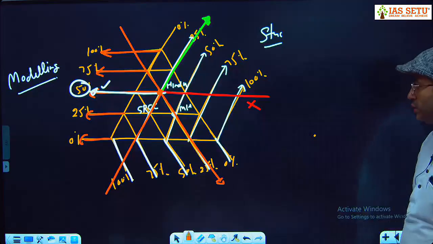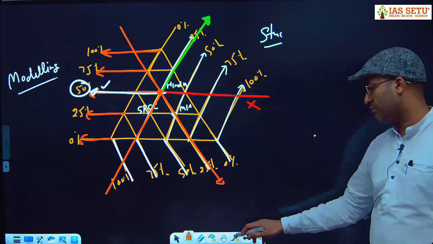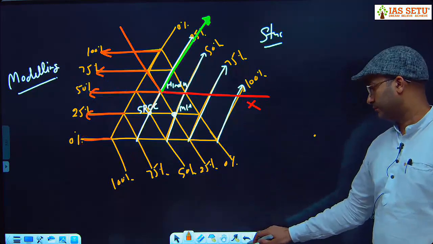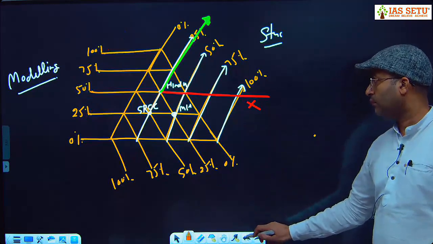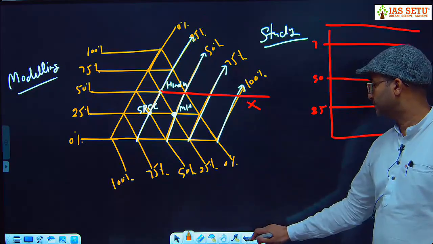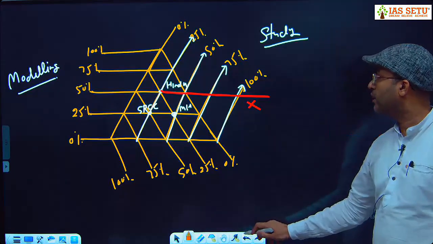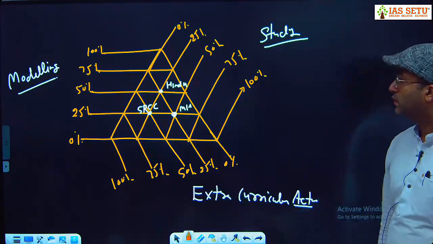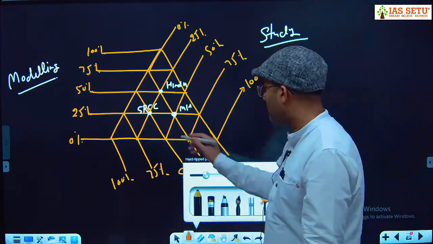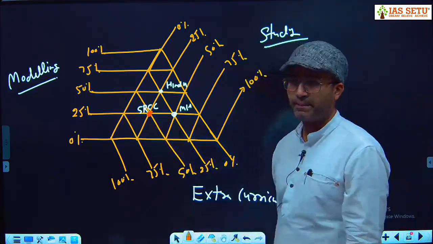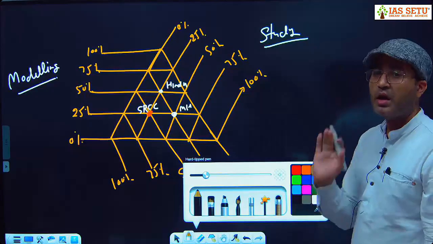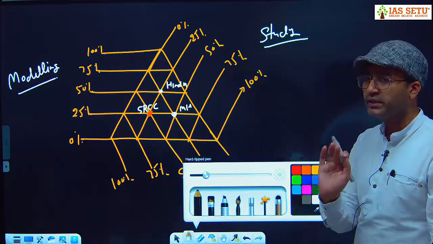If it is clear, okay, I will take another college, Sri Ram College of Commerce. Now here, this is SRCC. Step number 1, we have to see study. I will draw the line, you tell me correct or wrong.